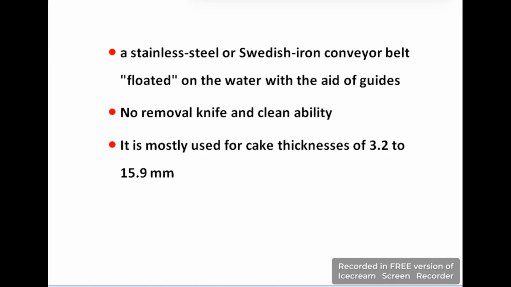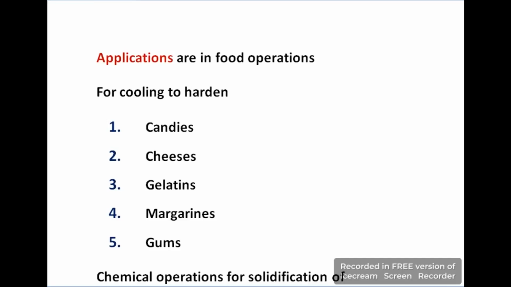These types of heat exchangers do not have any cleaning facility, and are used for those solids which have a cake thickness of about 3.2 to 15.9 millimeter. Belt type heat exchangers are used in different food operations for cooling to harden, like candies, cheeses, gelatins, margarines or gums.